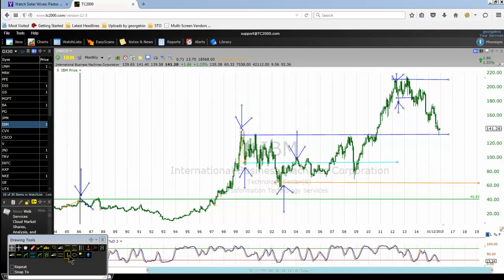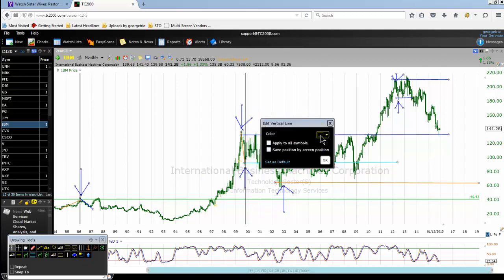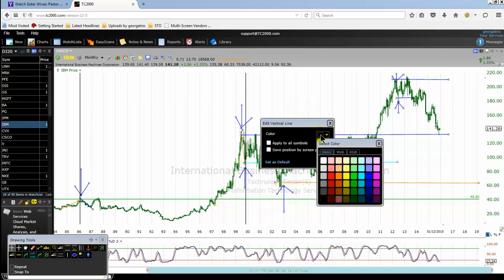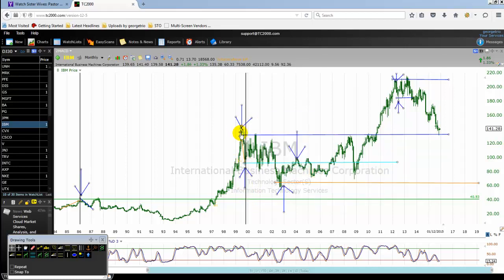Let's place again a vertical line there. So now we know that somebody bought, not sold, but bought IBM at around $93. They bought it here, because the price was going down fast but changed direction and went up.